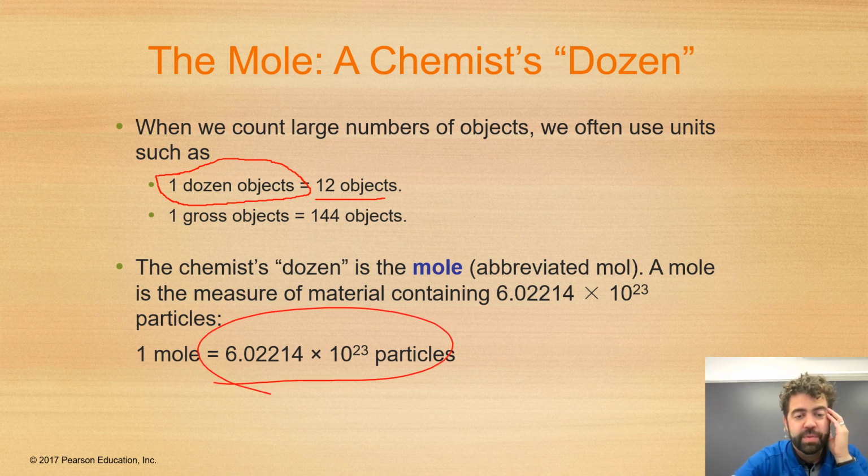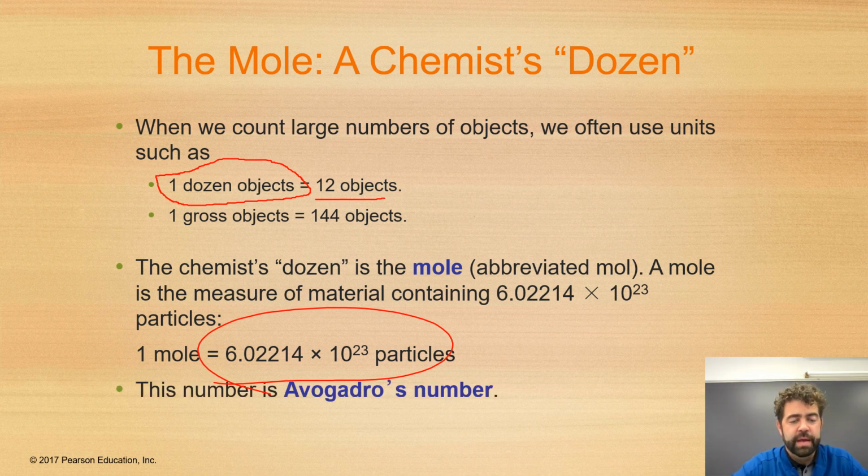So when you look at 6.02214 times 10 to the 23rd, the only way we can really understand the idea of a mole, or understand particles or molecules or atoms, is by saying, okay, we've got to get a lot of them, a big handful of them, to understand it. So if we want to understand something really tiny, we're going to use a whole bunch of them to understand it.